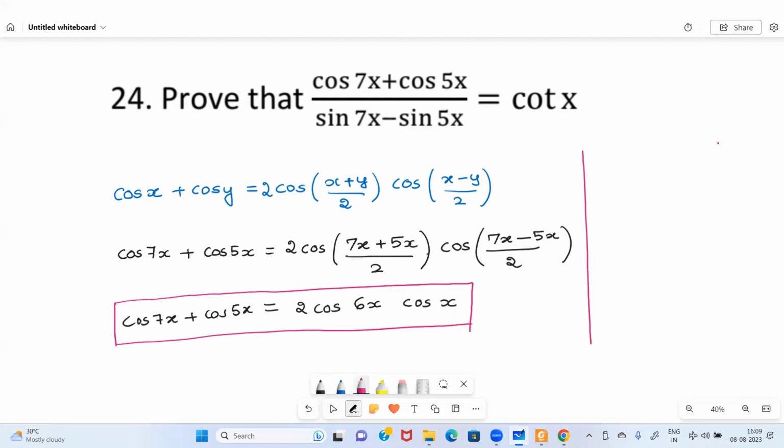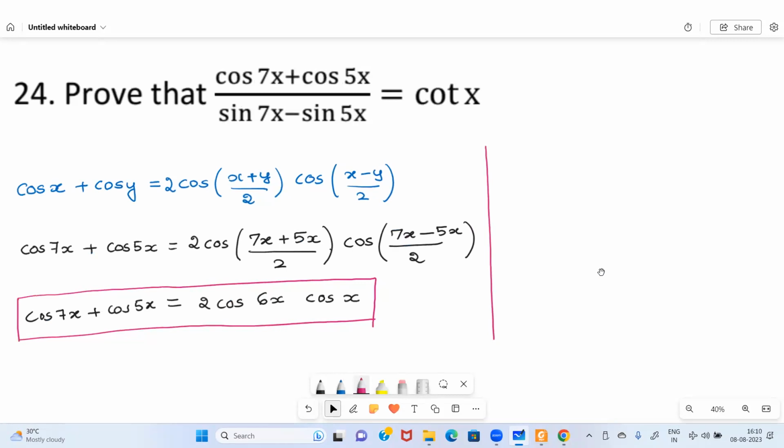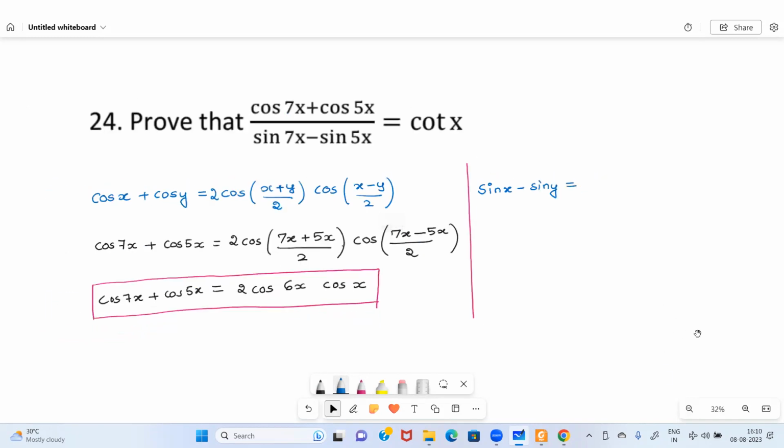Similarly, let us consider the denominator. For that, what is the formula we are going to use? sin x − sin y. Again, the transformation formula. What is sin x − sin y, students? 2 cos((x + y)/2) into sin((x − y)/2).